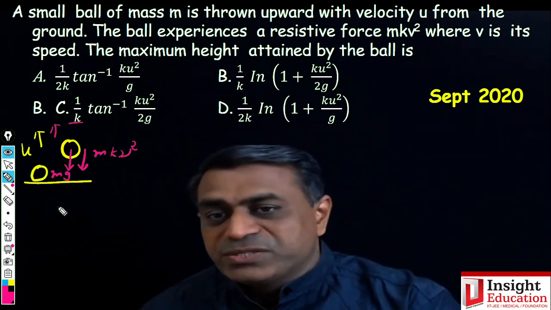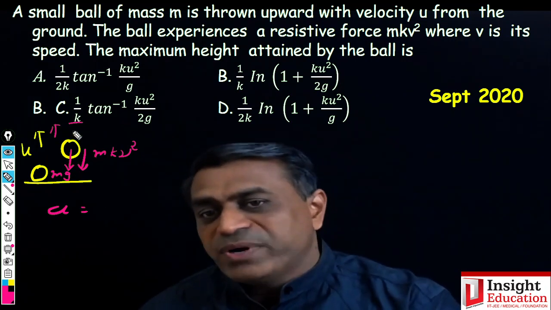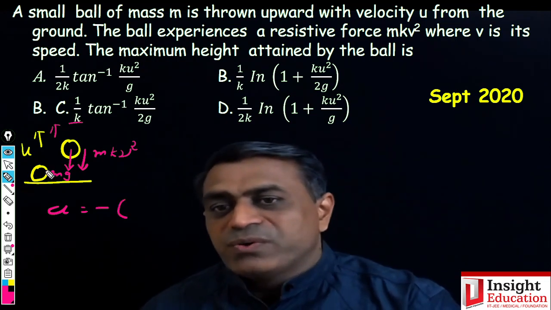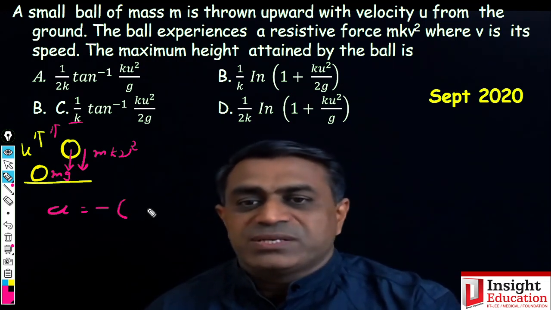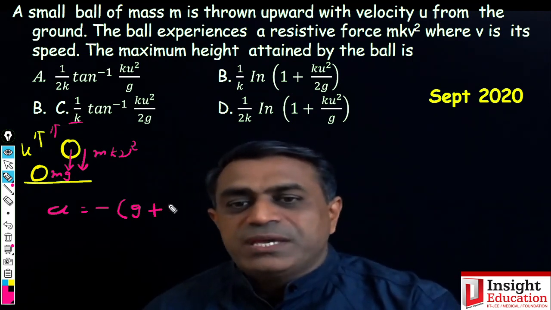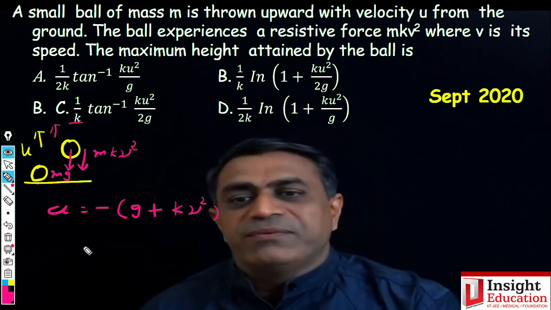Motion is in the upward direction, acceleration is in the downward direction, so I can write minus. The acceleration due to gravity is g, and both are acting in the same direction, so I can write g plus k v square.